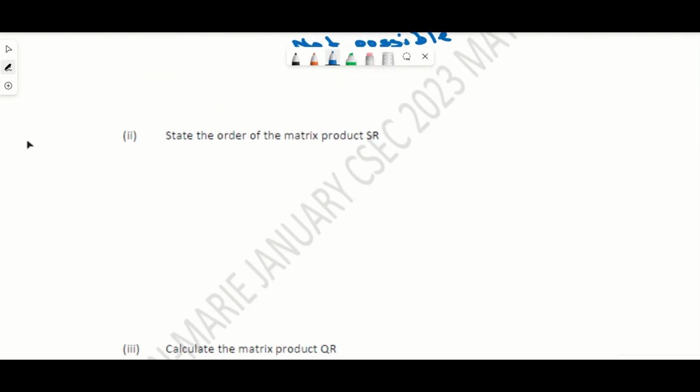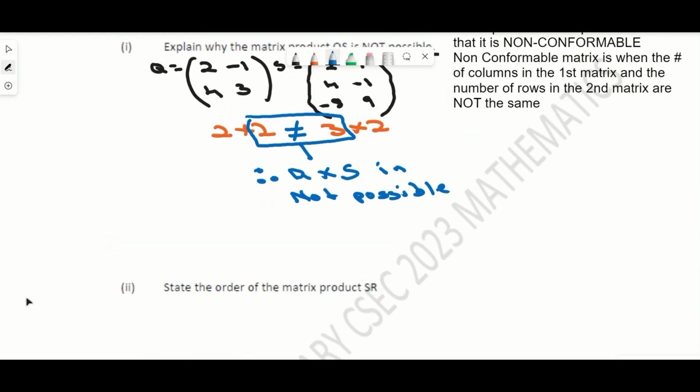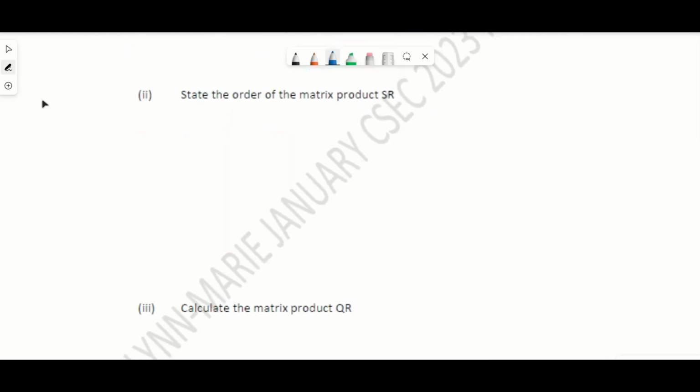Now they said state the order of the matrix product S by R. So let me write out what is S and what is R. S is equal to 2, 7, 4, minus 1, minus 8, 9, and R is equal to 1, 6, minus 5, 4.